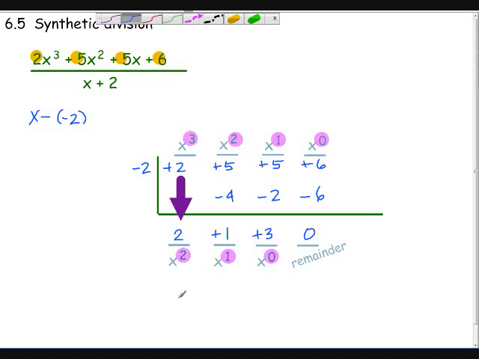My quotient here becomes 2x squared plus 1x, so I'll just write plain old x, plus 3x to the 0, I'll just write plus 3. I know because my remainder is 0 that this was a factor, went in evenly, x plus 2.